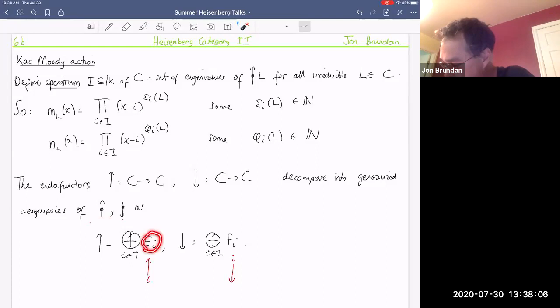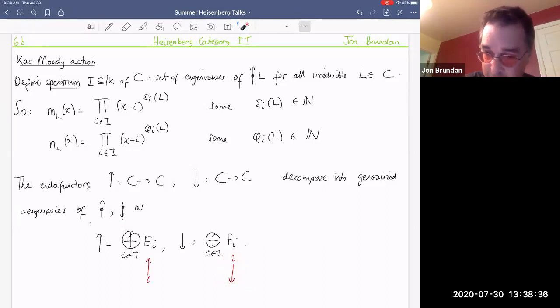So EI is a summand of that endofunctor of C. In pictures, I don't write EI, I just label the up strand by the color I, being an element of the spectrum. And similarly, Fi is the generalized I eigenspace of the down dot acting on the down arrow endofunctor. In pictures, I just label the down strand by the color I. So I've decomposed these endofunctors up arrow and down arrow into EIs and FIs by these eigenvalues, and I is in this spectrum.